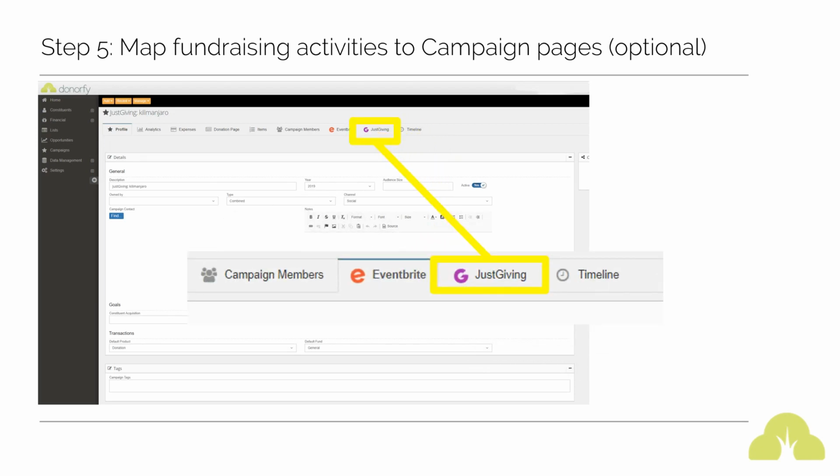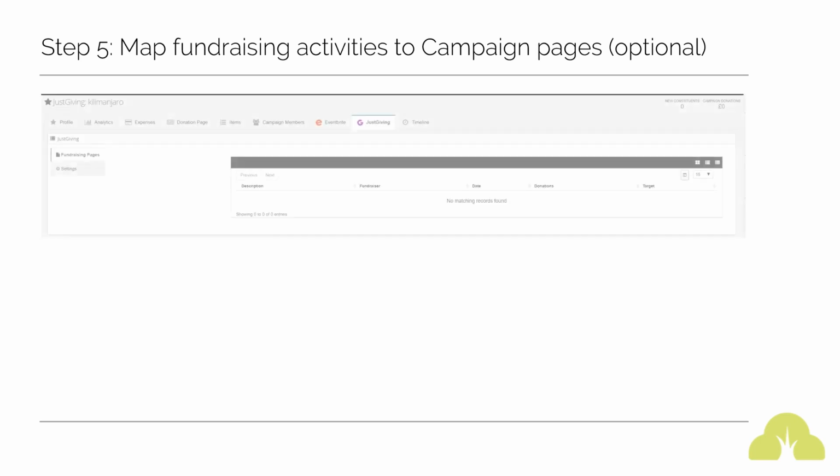If you click on there, it will move through to a page looking like this. The first tab on the left shows any fundraising pages that would be contributing to your campaign. It's not populated at the moment because it's not linked up, but I'll show you how it looks when it's populated later on. The second tab is the campaign specific settings.